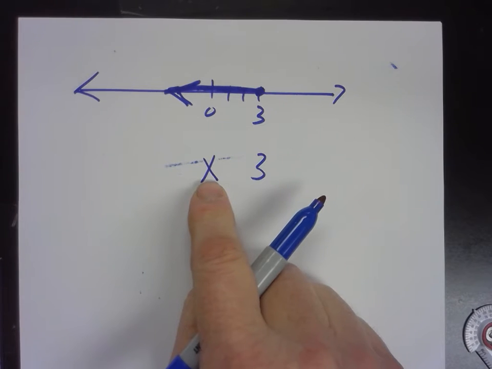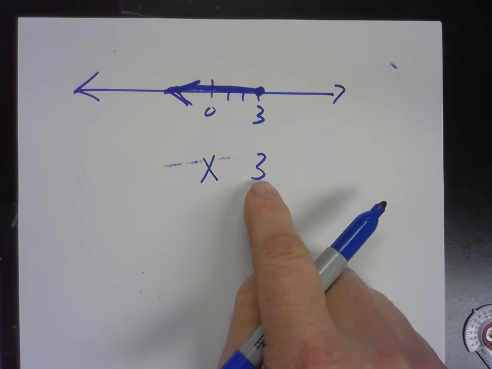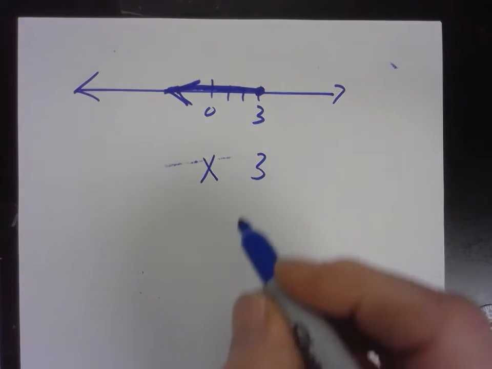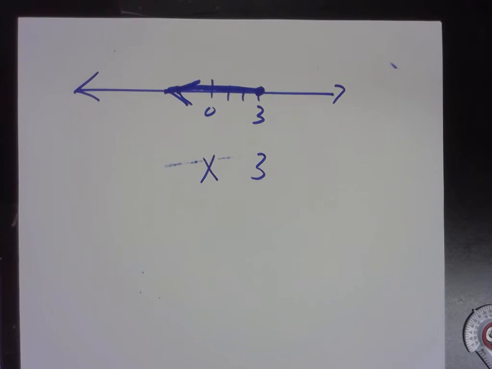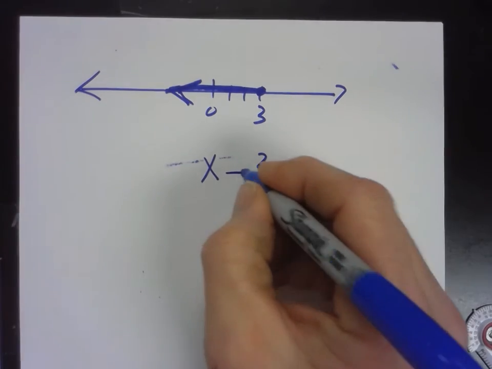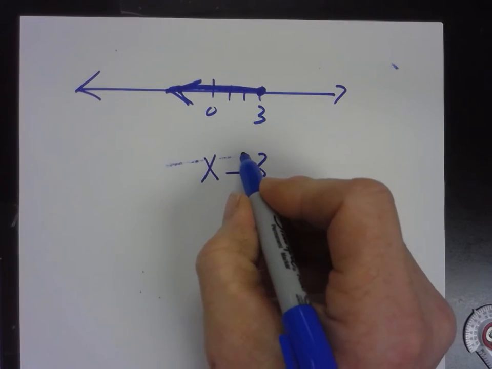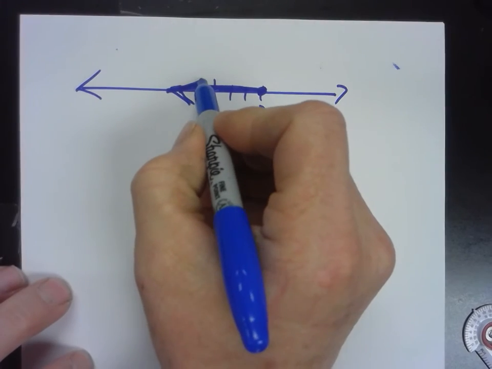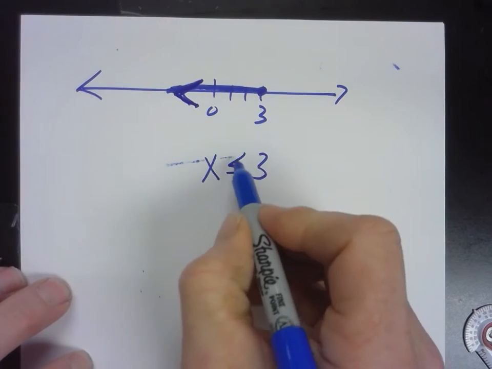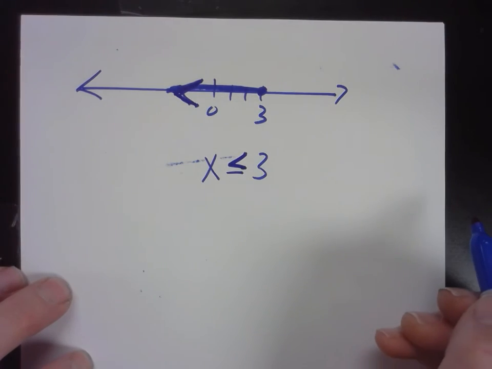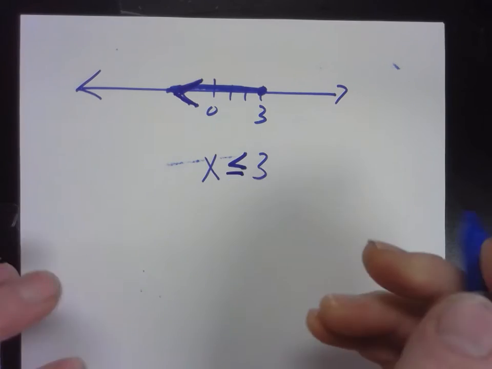I guess we could use an empty box if we wanted to, couldn't we? And then we're going to compare it to this number 3. Are we talking about equal to or not? Could it equal 3, or must it be less than 3? And you'll notice you can literally take this arrow and transfer it right to there, can't you? Okay. So there you go.